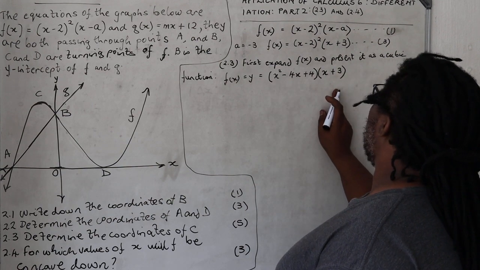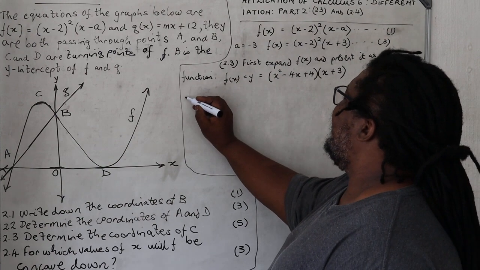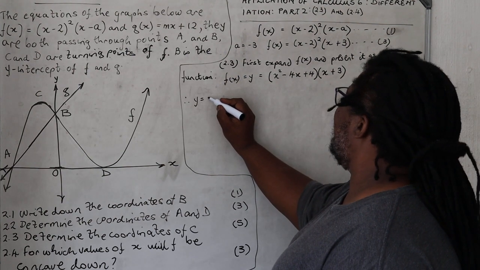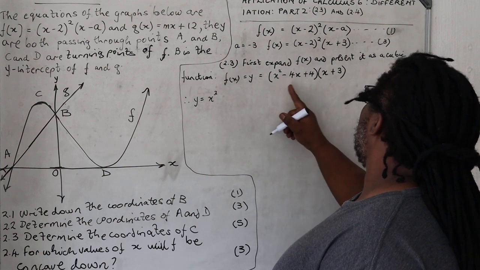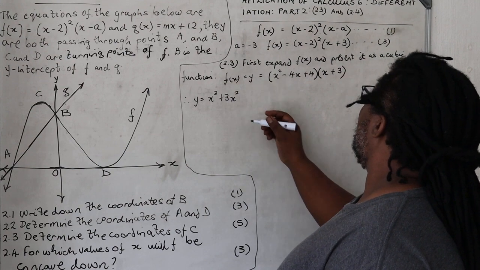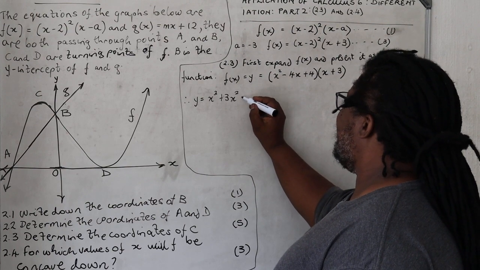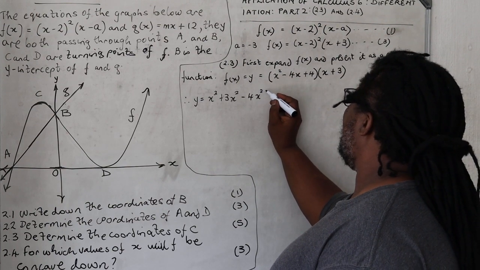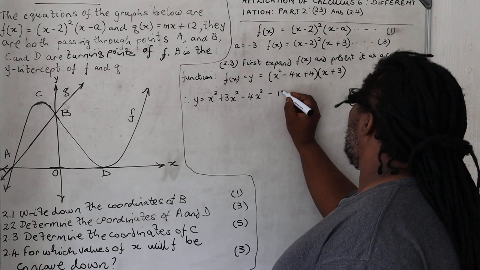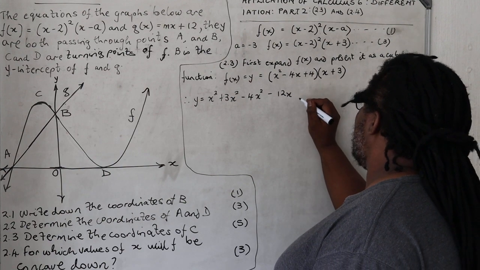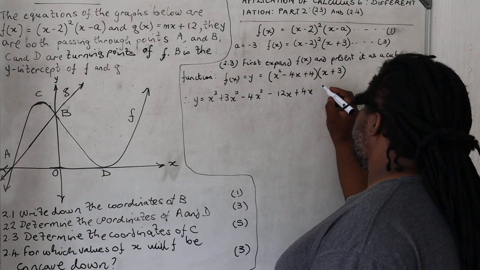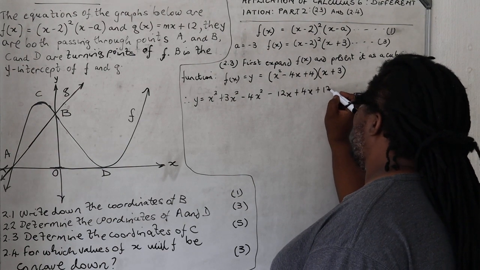So y is equal to x squared times x, that gives us x to the power 3; x squared times 3 gives us plus 3x to the power 2; then minus 4x times x gives us minus 4x to the power 2; and minus 4x times 3 gives us minus 12x; then plus 4 times x gives us plus 4x, and 4 times 3 gives us plus 12.